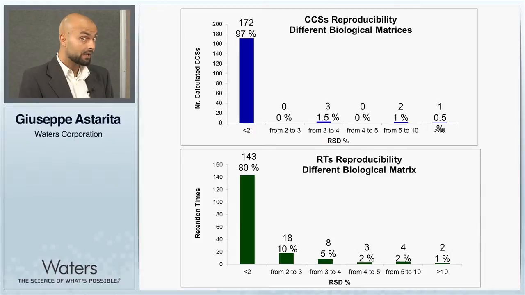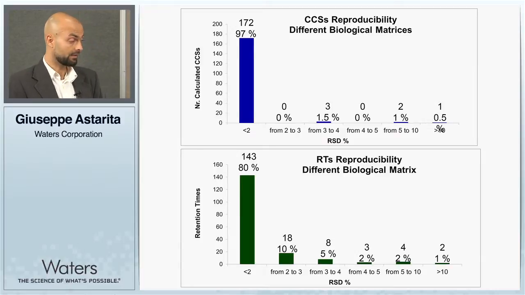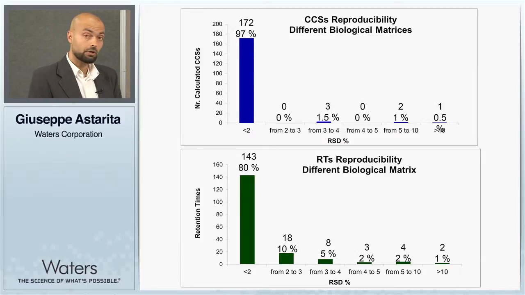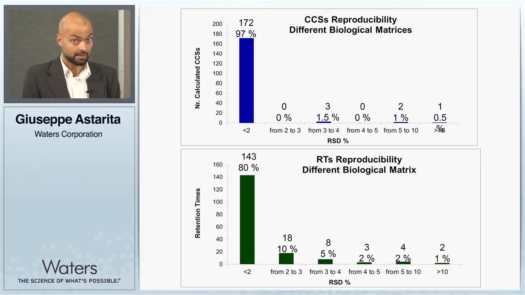These values were compared with retention times, where 80% of retention times had lower than 2% standard deviation, indicating that collision cross-section measurements were more reproducible than retention times, and they could be used in support to retention time coordinates for obtaining more specificity of identification.